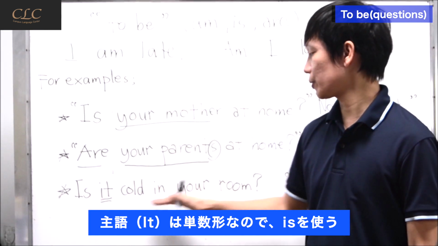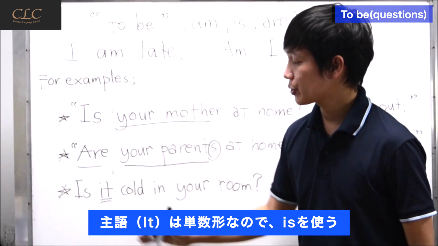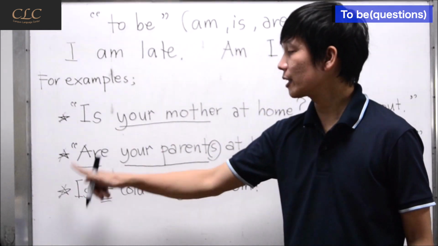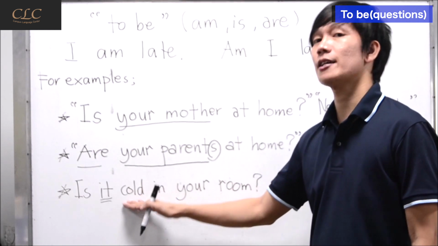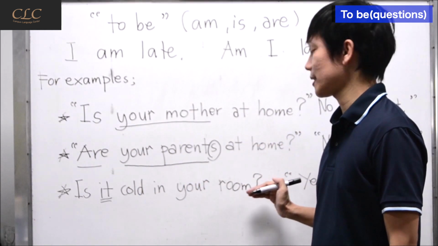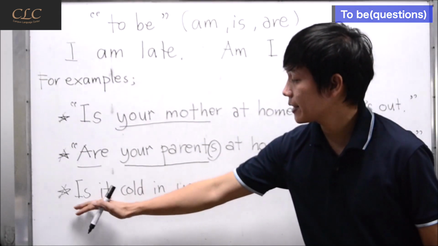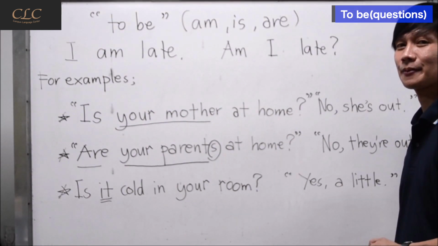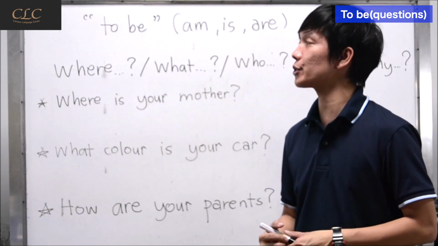Is it cold in your room? So remember, again, you should start with the be verb, and then the subject, and the rest of the sentence. Okay. So how do we answer that? Is it cold in your room? Yes, a little.